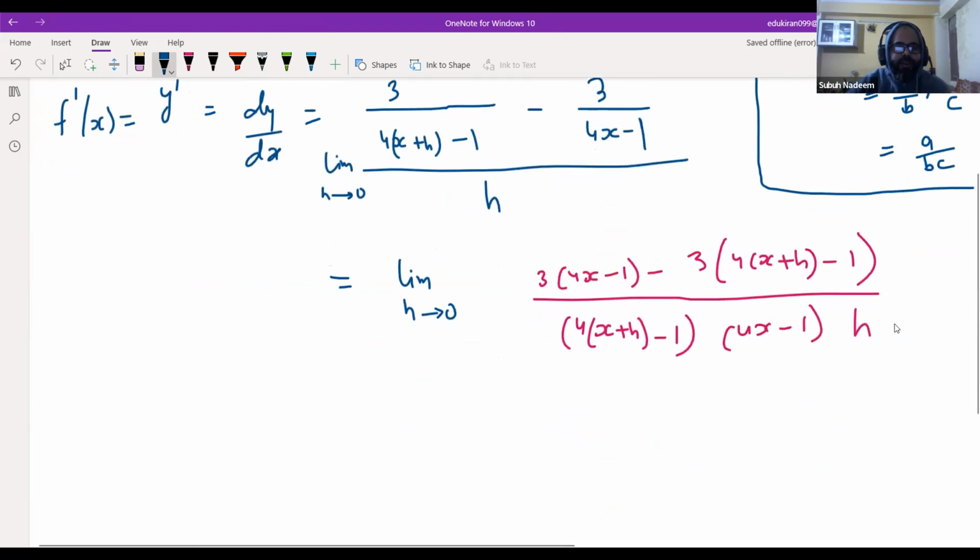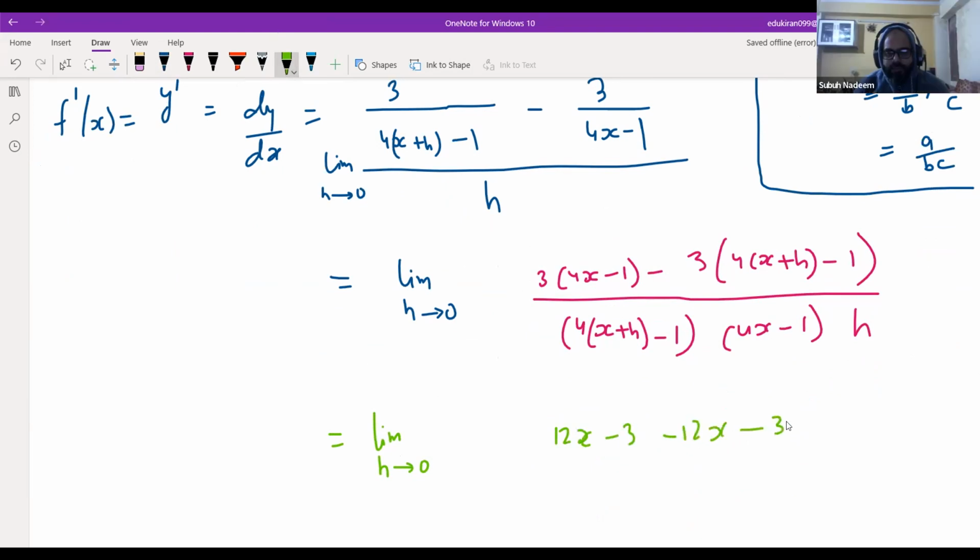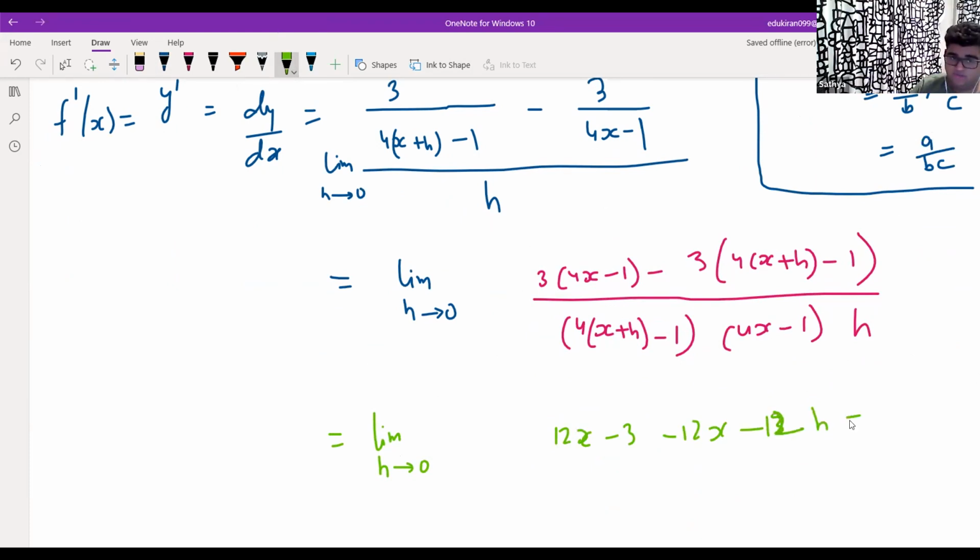Next step, what have you done? I got 12x minus 3 minus 12x minus 12h plus 3 by the same denominator.